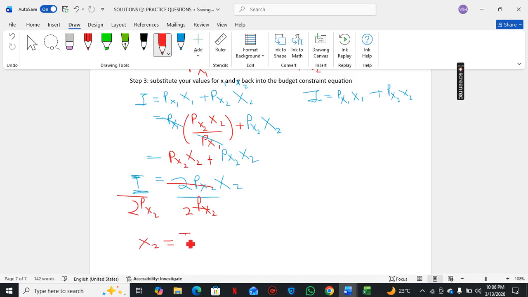This is the formula you need to use to find out how many sausages you can buy with the income you have and the price of sausages. Okay, colleagues, this is the Marshallian demand function. It's telling you how many sausages you can buy with the income that you have and the price of the good. Okay.